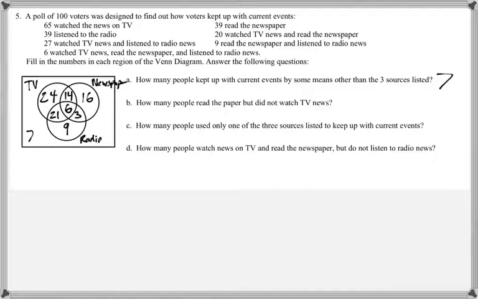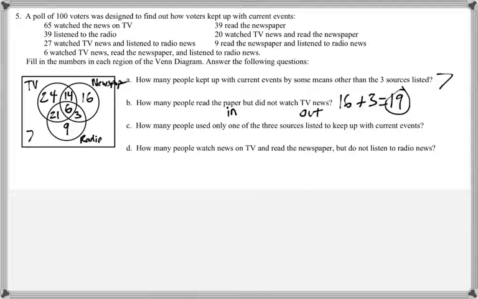So this has to be inside the paper circle, but outside the TV circle. So that would be the 16 and the 3. Which is 19.